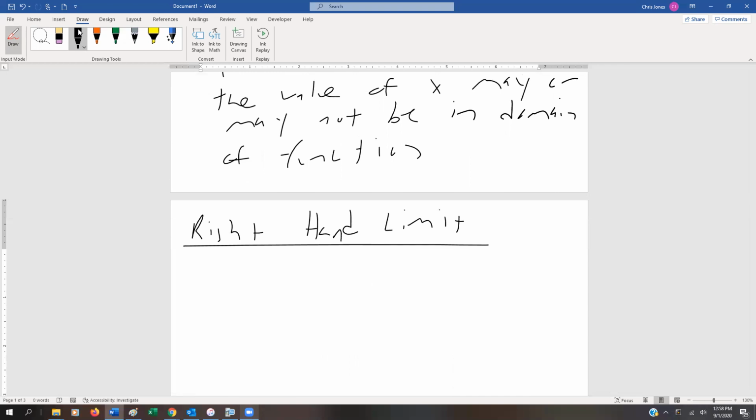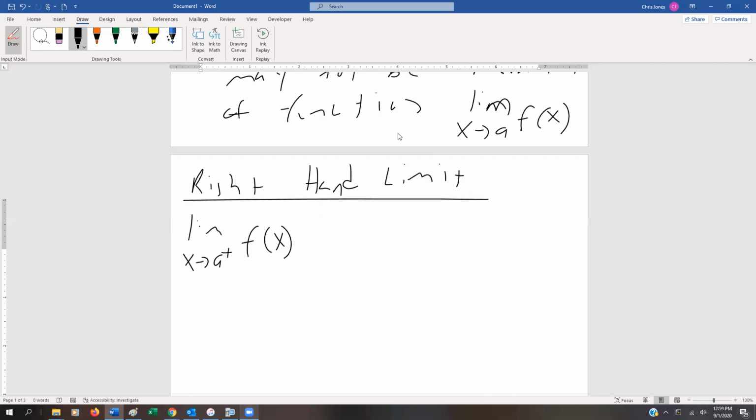So the limit notation is this: limit as x approaches some value a of f of x. If you see lim as x approaches a plus of f of x, that means what's happening as x approaches the value a from the right side of the graph.